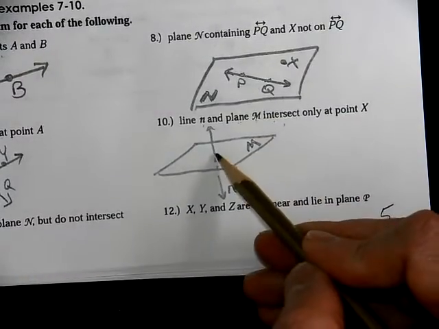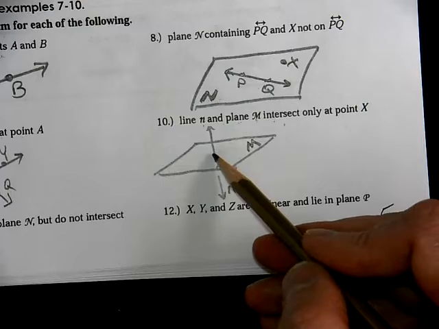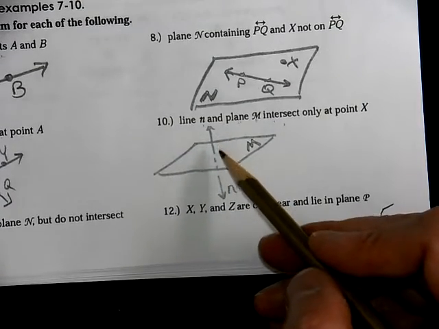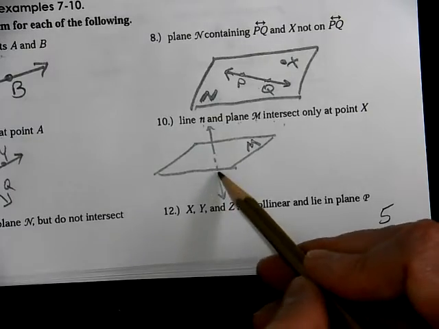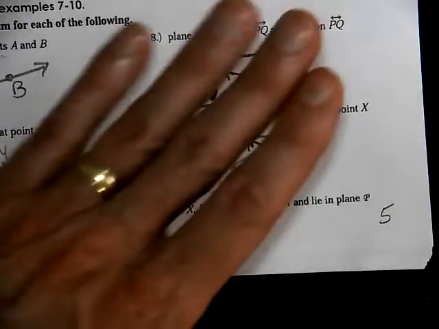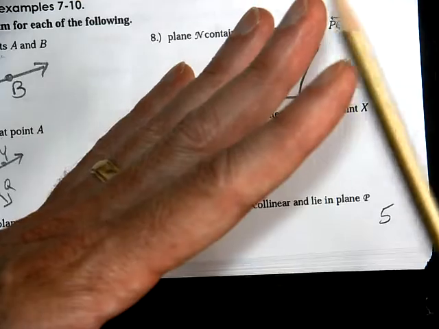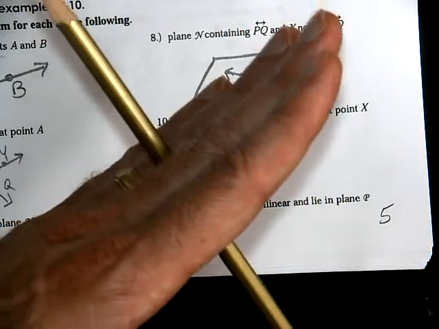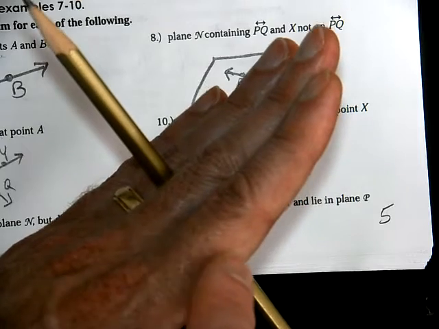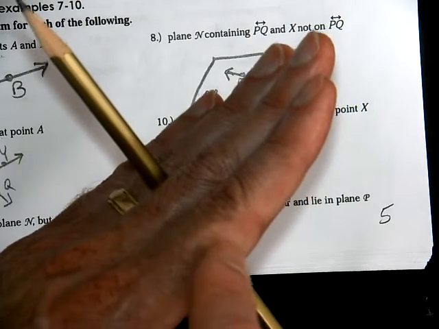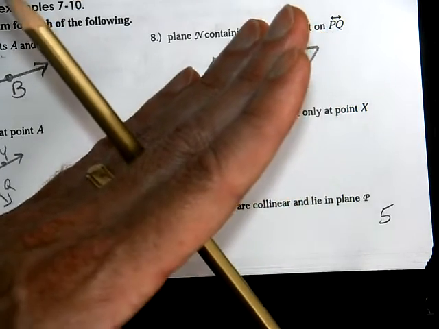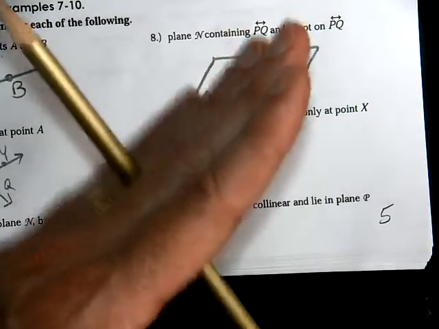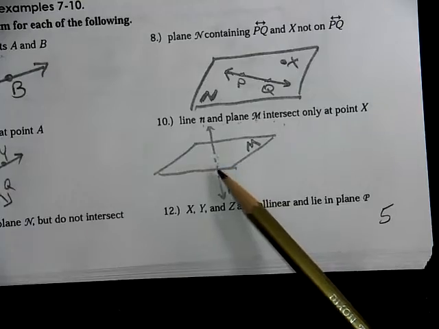Notice how I made these dotted lines. That's trying to show you that the line is going through the plane. The line is going up. So if you have your plane and your line, it's going right through it. And there's a dashed line that represents the portion you cannot see. You can't see it, but it's dashed, and you can see it on our drawing.